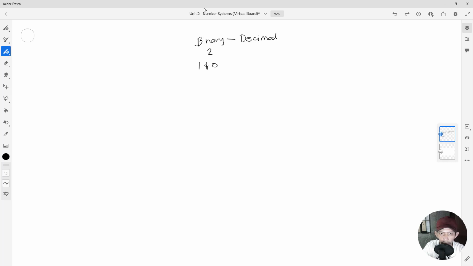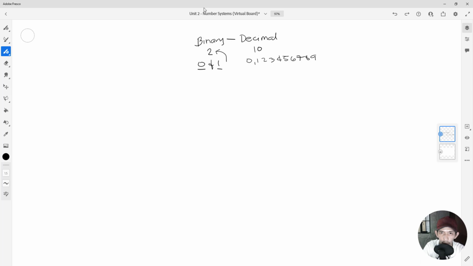Pag binilang natin siya, 1, 2, dun nakuha yung 2. Kaya meron siyang binary weight na 2. Si decimal has a base of 10 kasi it is composed of 0, 1, 2, 3, 4, 5, 6, 7, 8, 9.